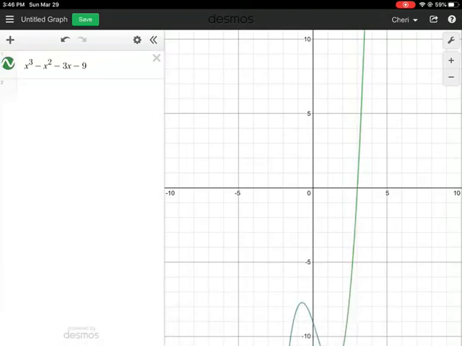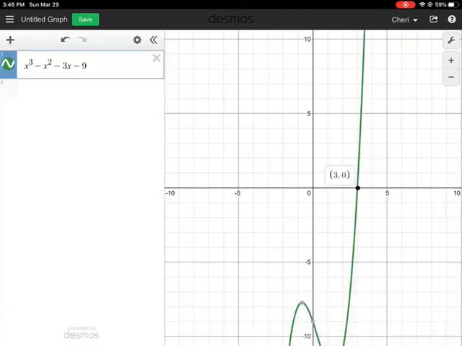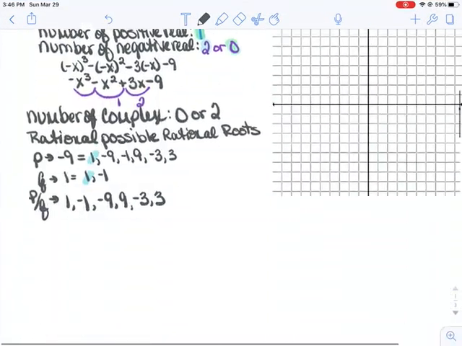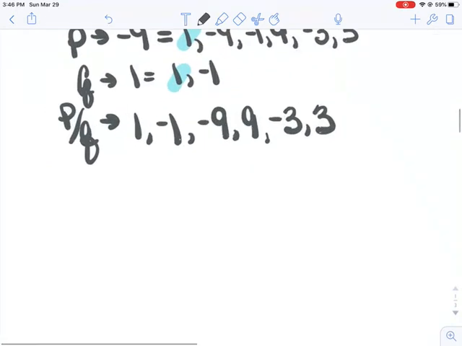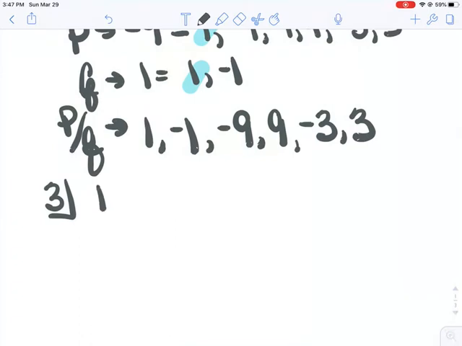All right, so it looks like this particular graph crosses the x-axis at positive 3. So I'm going to start by putting positive 3 on the shelf to find the root, and I'm going to do synthetic division.